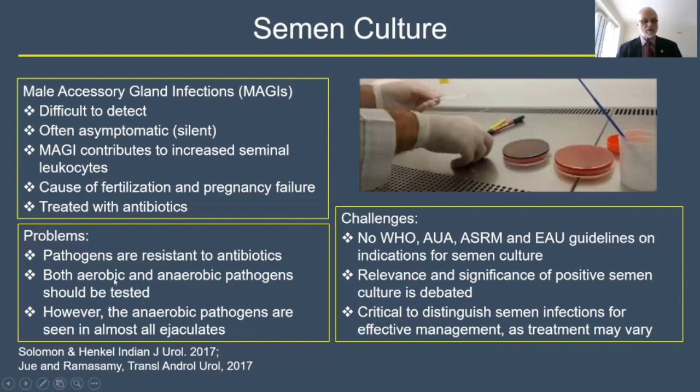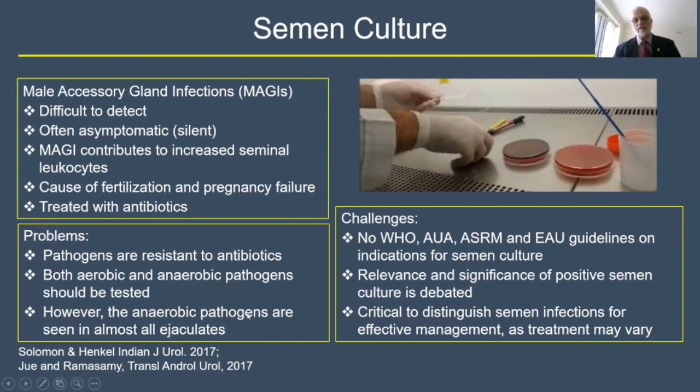Also, there are different types of pathogens, aerobic and anaerobic, and both aerobic and anaerobic pathogens are present in semen, with anaerobic pathogens found in almost every ejaculate.